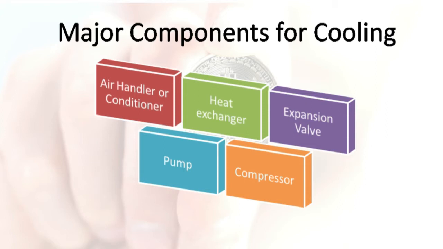Then there is the pump, which is mostly for moving the cooling fluid throughout the system. Lastly, it is the compressor, which is used to cool the liquid with a condenser. The compressor takes the coolant that has been expanded into a gas, compresses it back into a liquid, and at the same time increases its temperature, after which it is sent to the condenser.